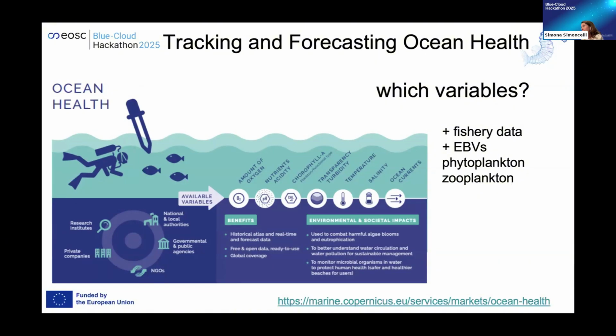And plus, we have heard that Blue Cloud provides fishery data. Jean-Olivier just presented the phytoplankton and zooplankton workbench and other resources to tackle this kind of data and to model this kind of data distribution.